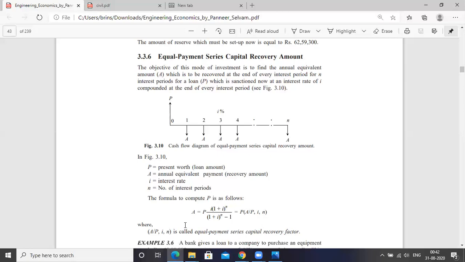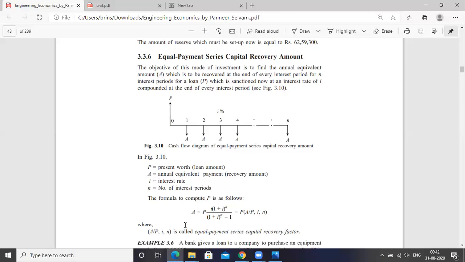One is the sinking fund factor, that is A by F. P into A by F is your sinking fund factor. And then F by P is your single payment compound factor.